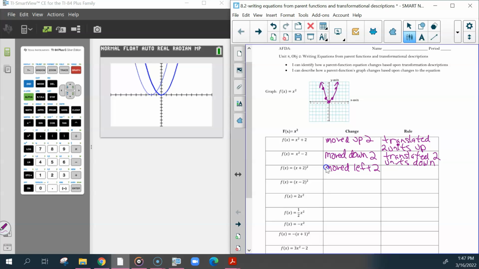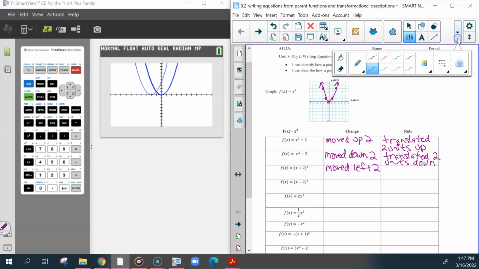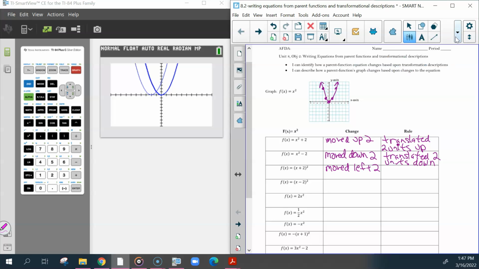So this would be another translation, but this would be moving 2 units to the left. Then, of course, you can probably guess what happens if we have minus 2. It should do the opposite, but let's double check.